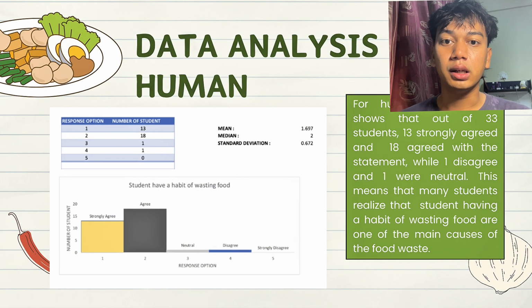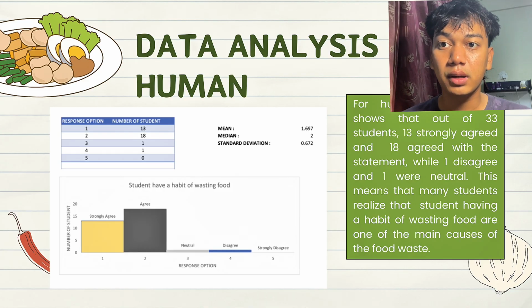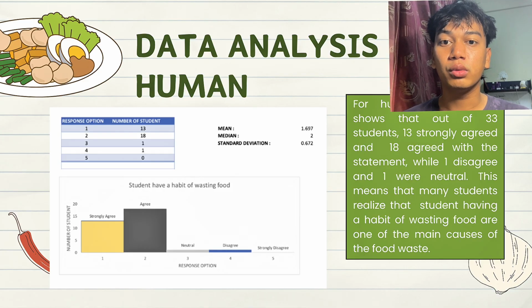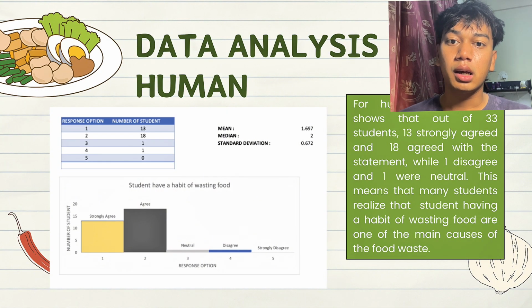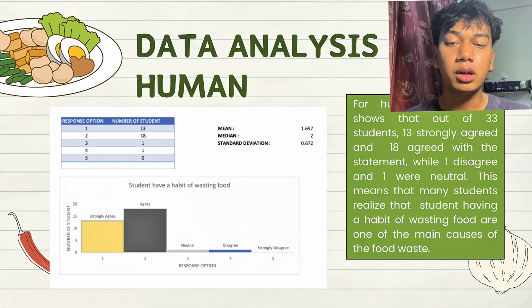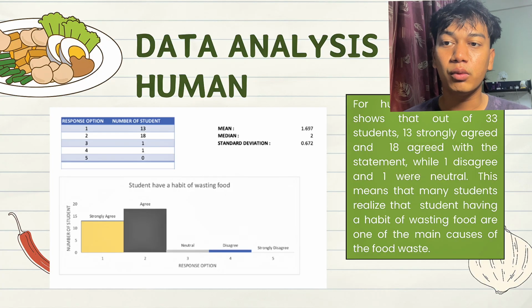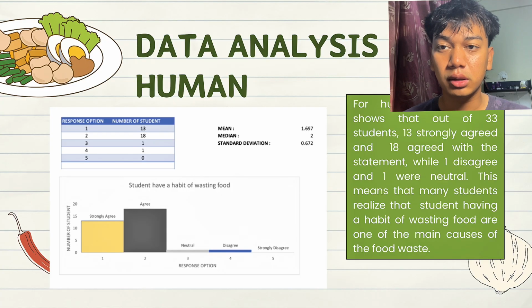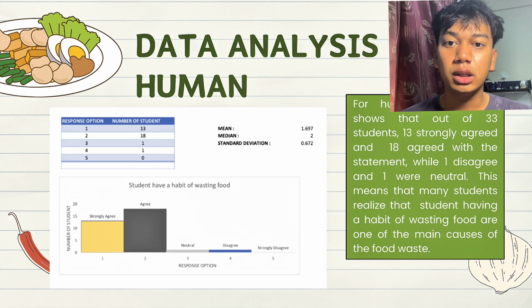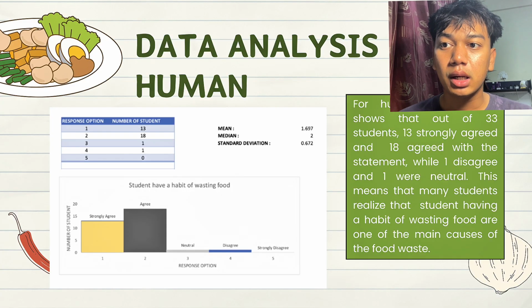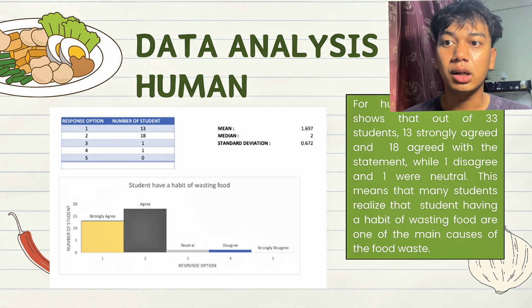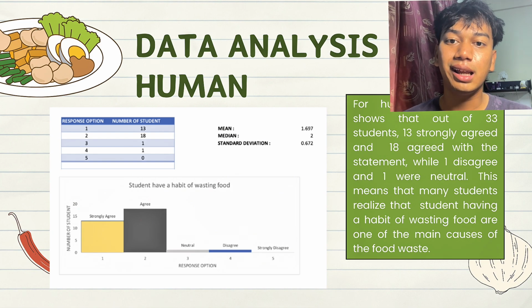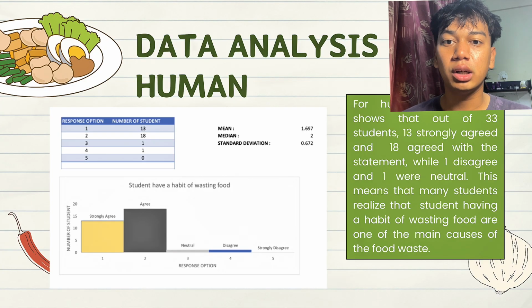The next factor in our fishbone diagram is the human factor, which focuses on the behavior and habit of the students related to food waste in their college cafeteria. Based on the survey question, students have a big habit of wasting food, where we collected responses from 33 students. As shown in the histogram, the majority of students selected agree, which is 18 students, and strongly agree, which is 30 students.